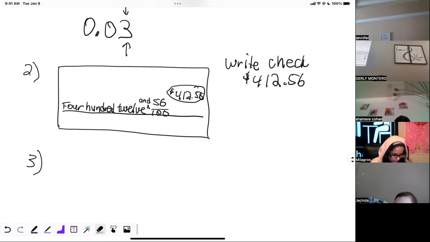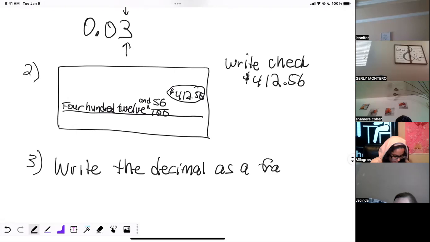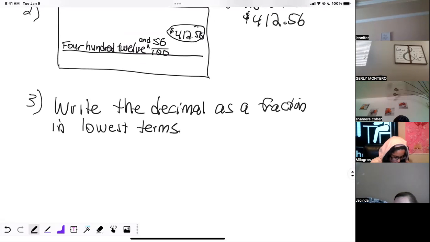Okay, so write the decimal as a fraction in lowest terms, meaning simplify if you can. So 14.2.